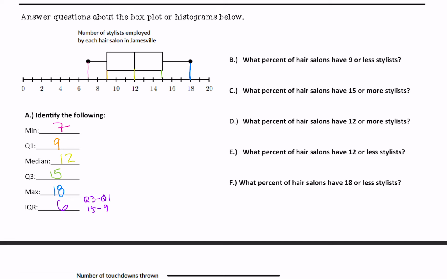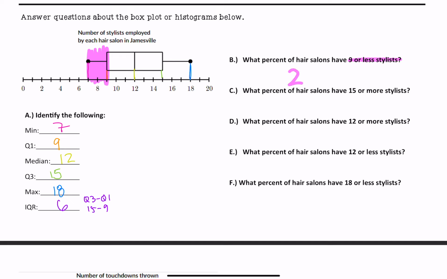All right. Next ones, thinking ones. What percent of hair salons have 9 or less stylists? Well, here's 9, and it's saying 9 or less. So this chunk, that's what I called them. Chunk is only worth 25%.